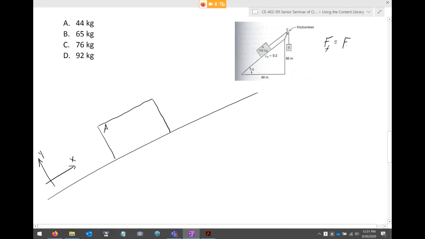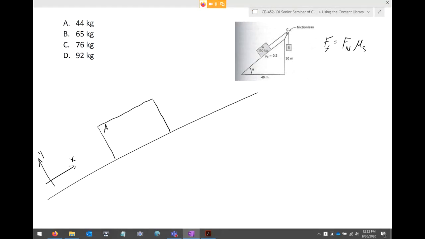It's a normal force times a coefficient of static friction. And so the normal force is going to go along the y-axis, and the frictional force is going to go along the x-axis because it's perpendicular to that. That's kind of why I draw my coordinate system like this.